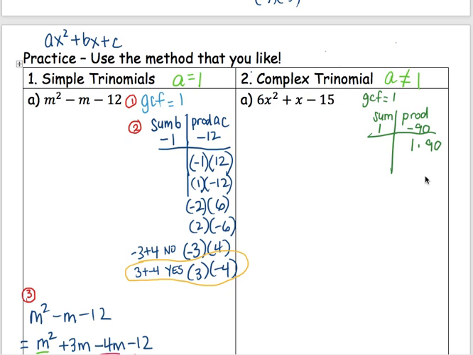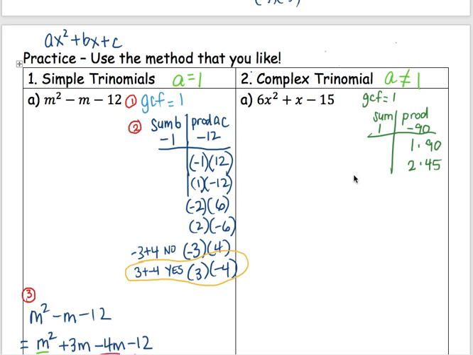Okay, so 1 times 90. Can I add or subtract those to get to 1? No. Okay, so then let's try 2. Does 2 work? Yep, 2 times 45 will make 90. Again, don't worry about the sign yet. Can I add or subtract those to get 1?